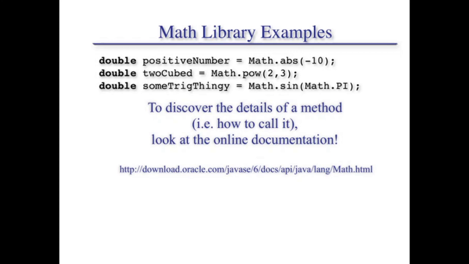Okay, then there's another example: double twoCubed = Math.pow(2, 3). Math is again the library, and pow stands for power of. Power of is the function known as pow that is defined inside the Math library. It is taking two arguments as input.